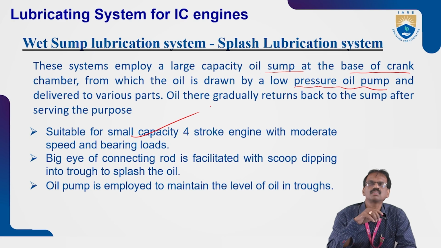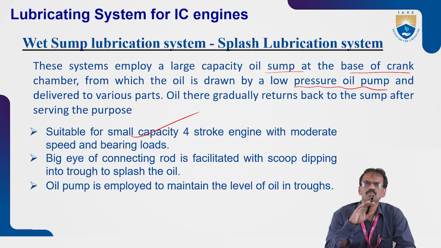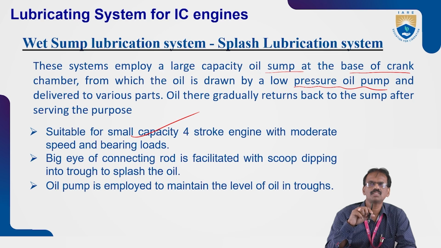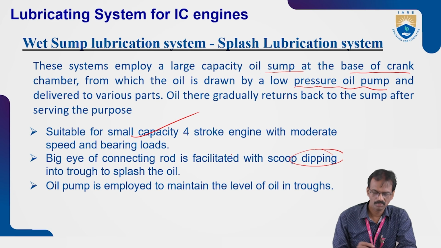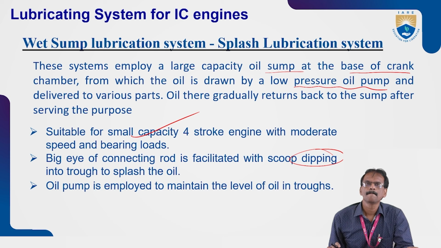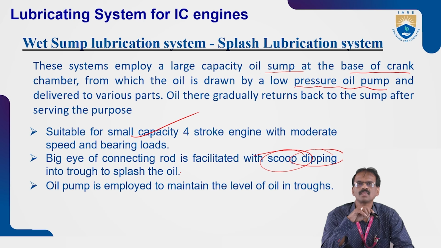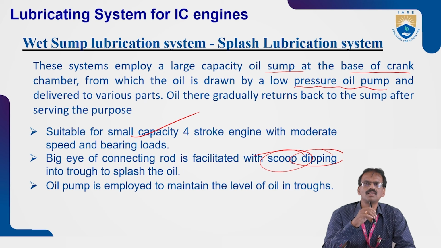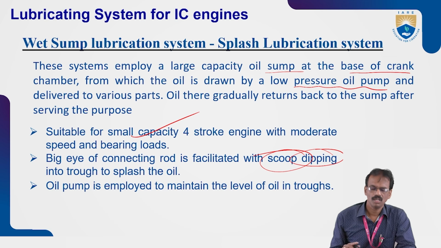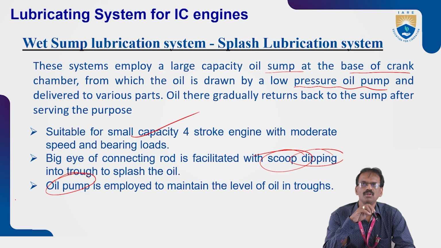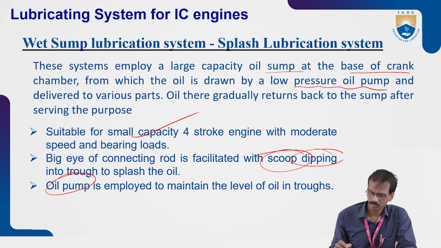This is mainly suitable for four-stroke engines of moderate speed and bearing loads. The big end of the connecting rod is provided with a scoop dipping in to splash the oil, so that is the main importance of the scoop. The oil pump is employed to maintain the level of oil in the troughs.